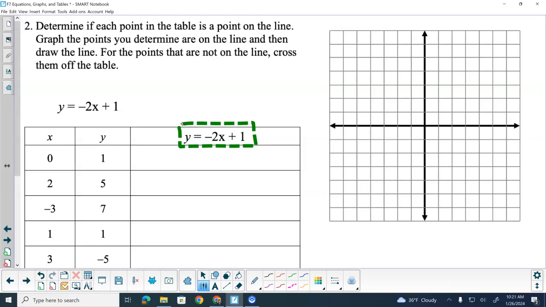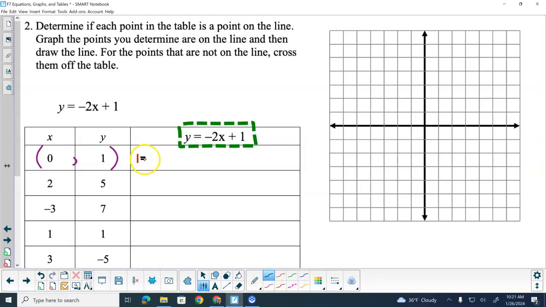Okay? So if I wanted to prove that 0 for x and 1 for y was on my line, I would think about this in my table. It's 0 in one column, 1 in the other, but in my brain, what I'm thinking about is this is really representing the point 0, 1. Okay? So I'm going to put in 0 for x in my equation, and I'm going to put in 1 for y.